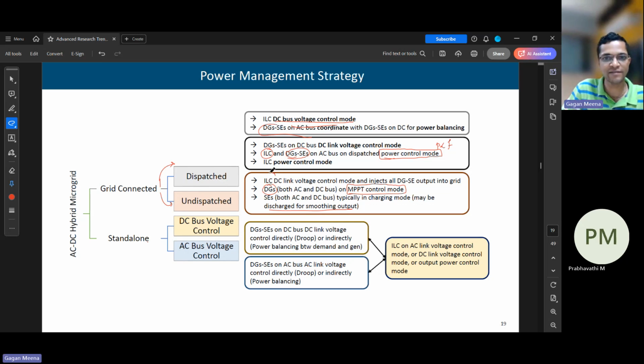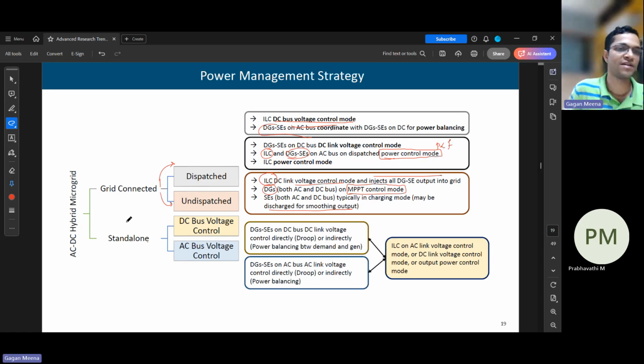And the interlinking converter will try to maintain the voltage, because these distributed generators and storage are already operating in a power control mode or MPPT mode, so they cannot help in voltage control. That's why the interlinking converter will try to maintain the voltage at the DC bus and inject all the power generated by the distributed generators into the main grid.